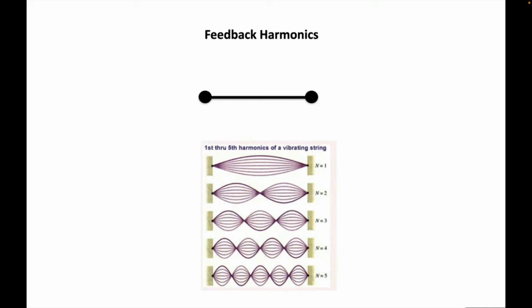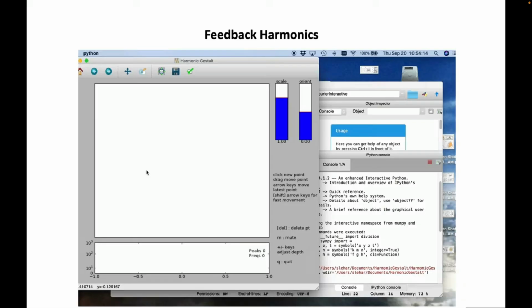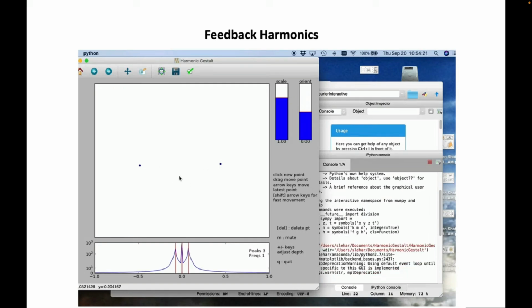Another kind of feedback we would expect from a linear resonance is seen in the harmonics of a vibrating string. In a full harmonic model, there would also be responses at higher harmonics.